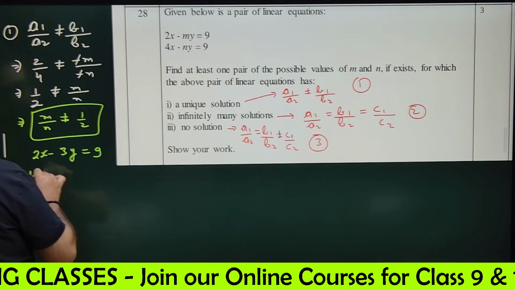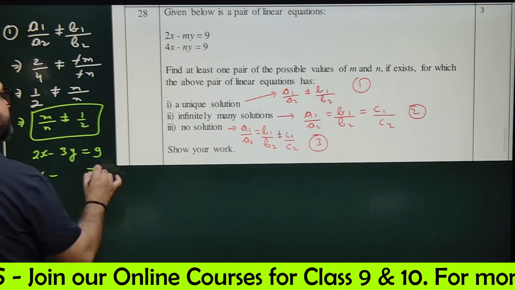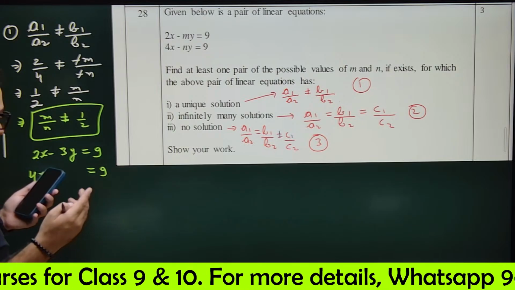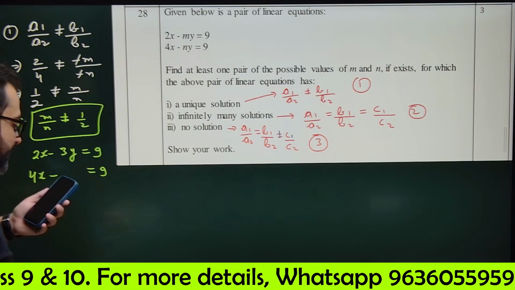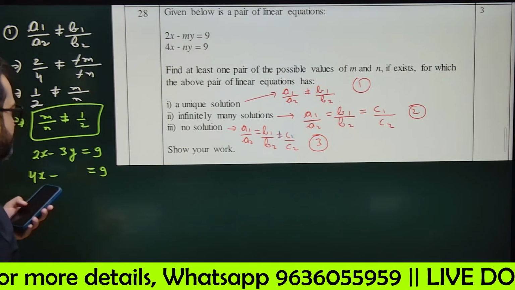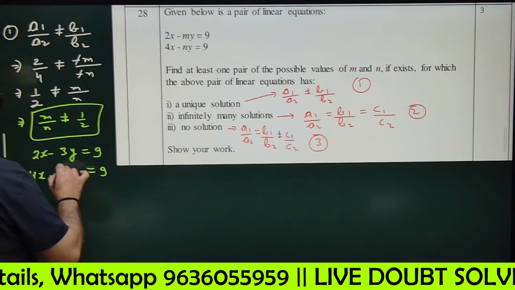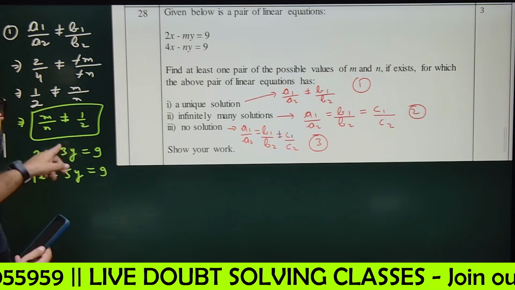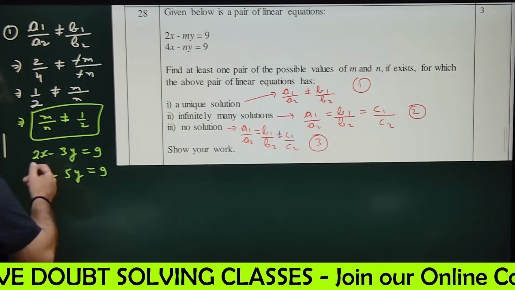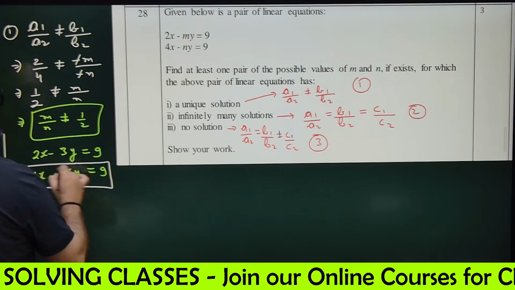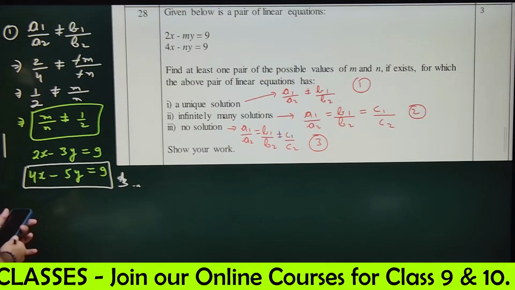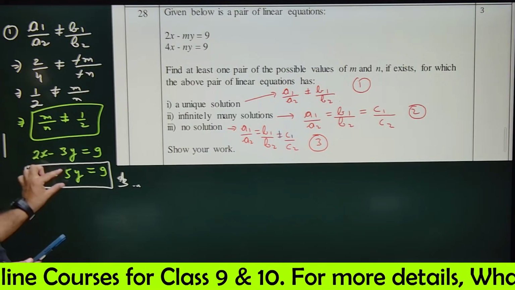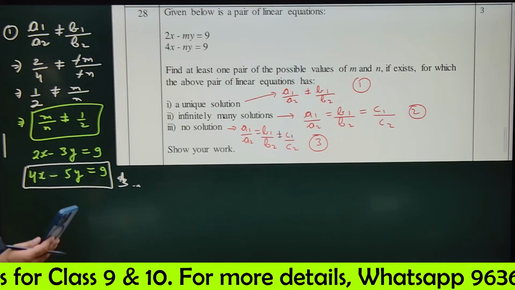So second equation will be 4x minus something equals to 9, so that this upon this is not half. If it is 3, write 5y. So 3 upon 5 is not half. That means this is the possible answer. Yes or no? Minus 3 upon minus 5 is 3 by 5. It is not half. Got the point?